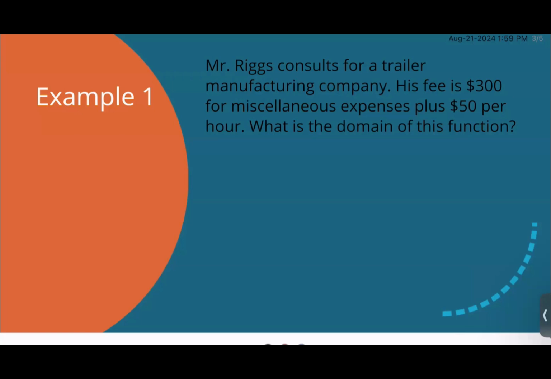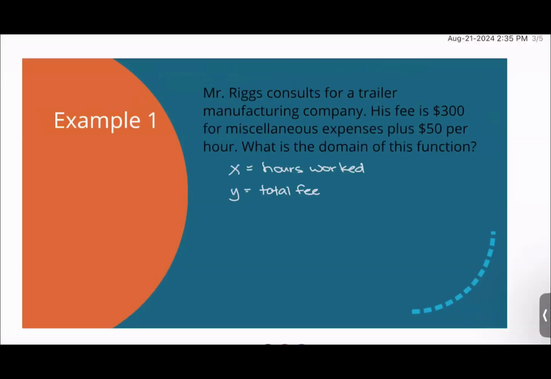So we could write the rule that this function is giving. Here the domain is the number of hours that Mr. Riggs works, and it would make sense to say that that has to be a positive number. So the domain here would be positive numbers.